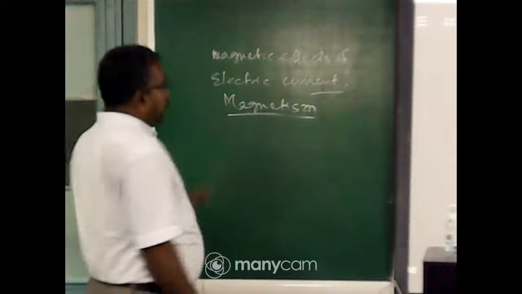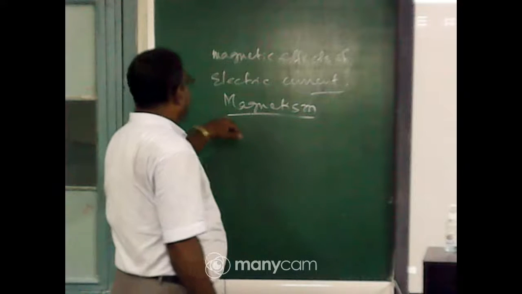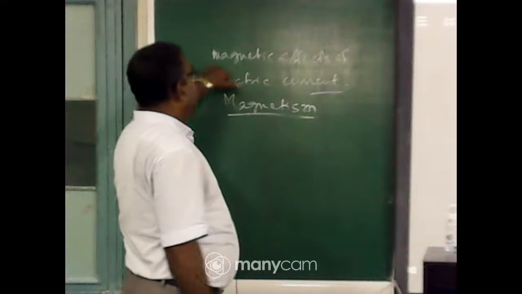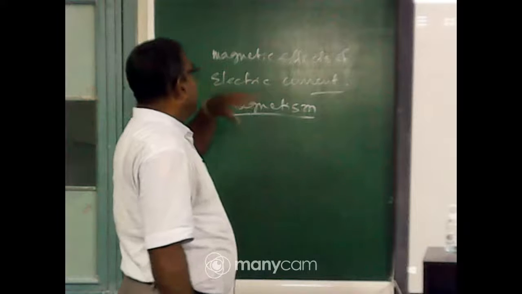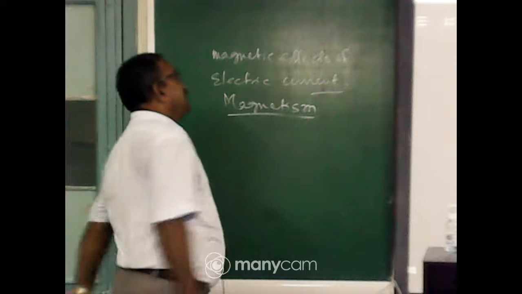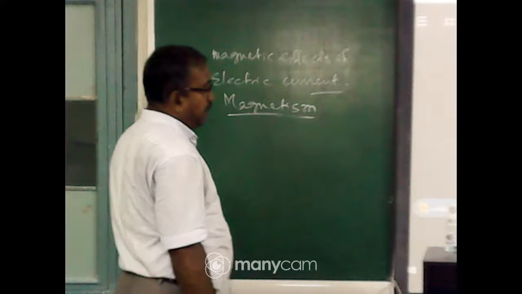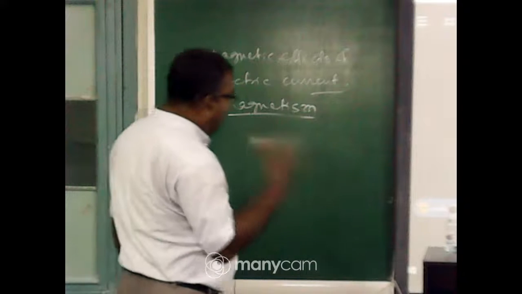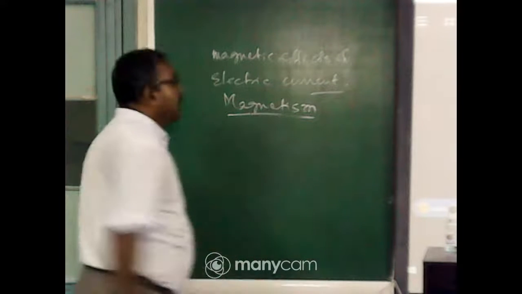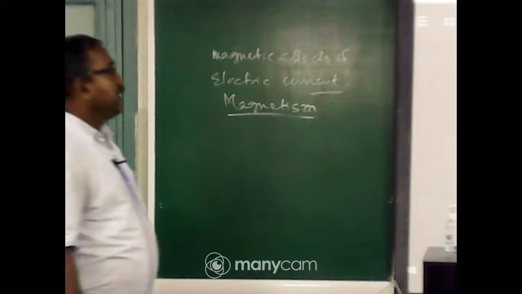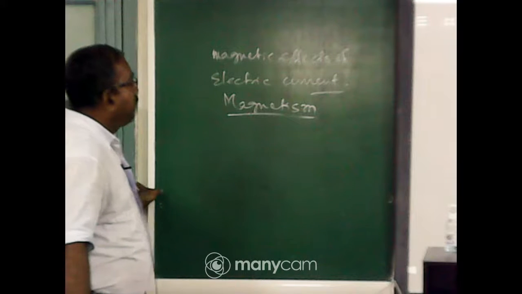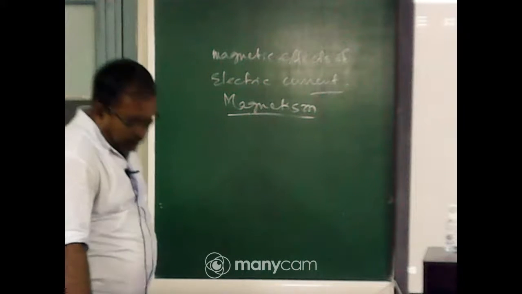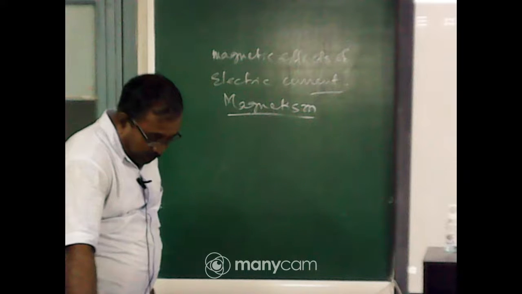Yes, magnetism, magnetic effects of electric current. This is the last chapter of your syllabus for 2021. But the last part, the sources of energy in the NCERT book, is not in your syllabus for this year.